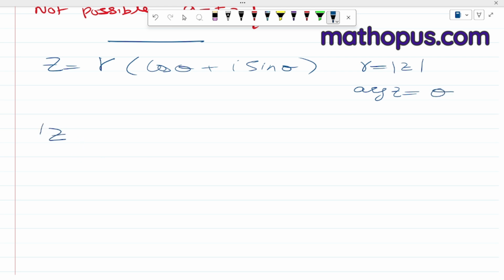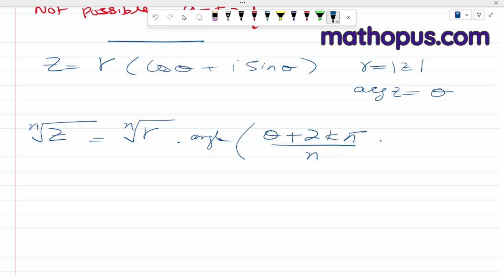The nth root of any complex number would be the nth root of the modulus, and for the angle part, or argument, that would be theta plus 2k pi divided by n, where values of k can be 0, 1 till n minus 1.